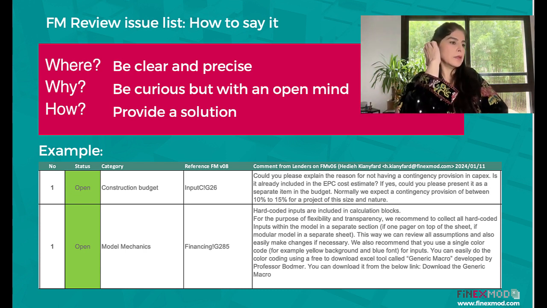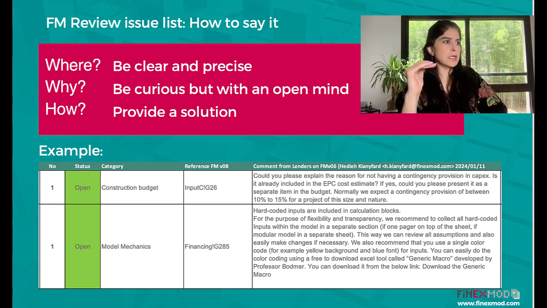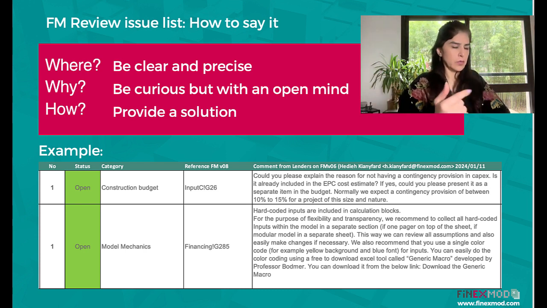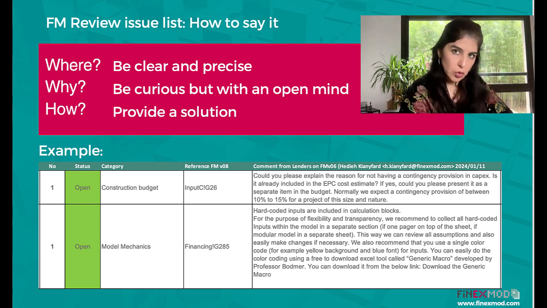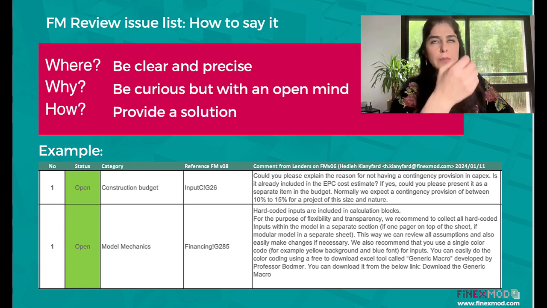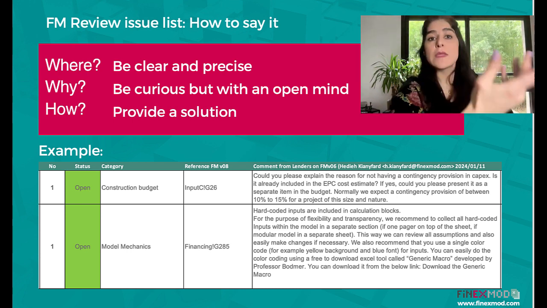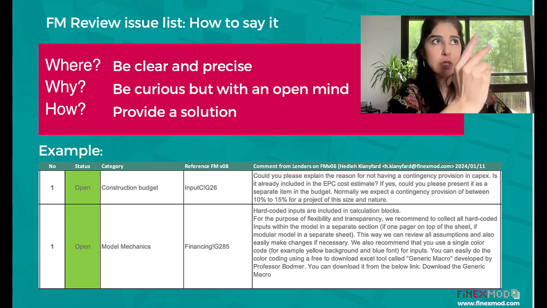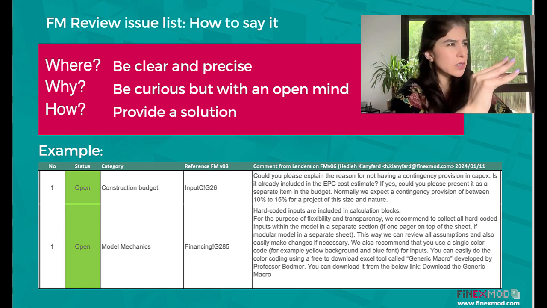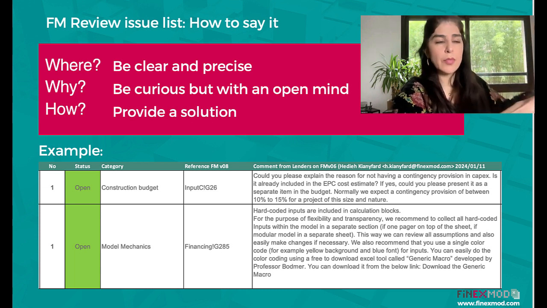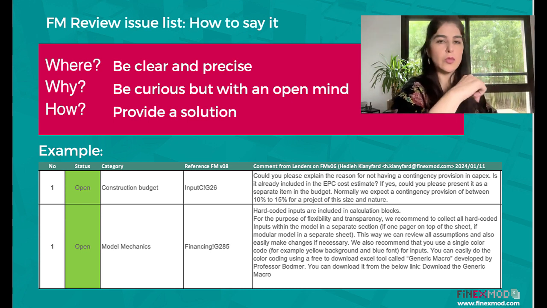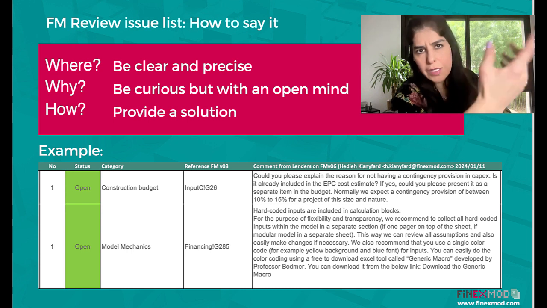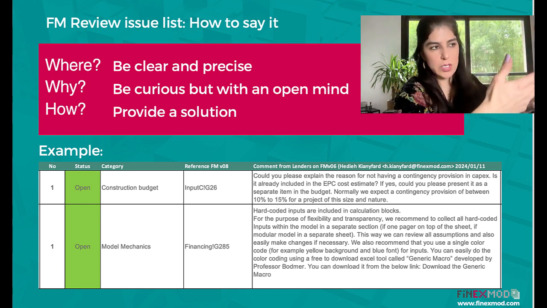Instead of saying that contingency is not included in the project cost, and we require 5 to 15% contingency to be included in the project budget, instead of accusing again, saying that you didn't do it, you might ask, we cannot see contingency in the budget. Is it included somewhere else, maybe within the EPC cost? If it is the case, please separate it, put it as a separate cost, and also tell them exactly what your requirements are in terms of contingency. So that's an example of how you want to ask the question.